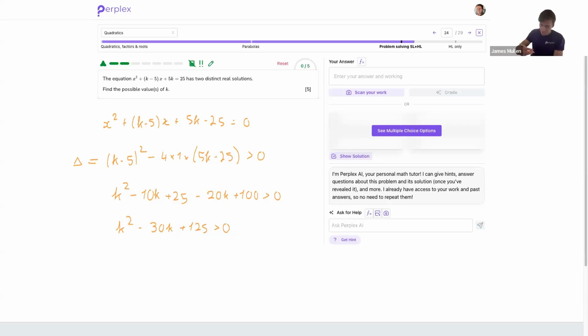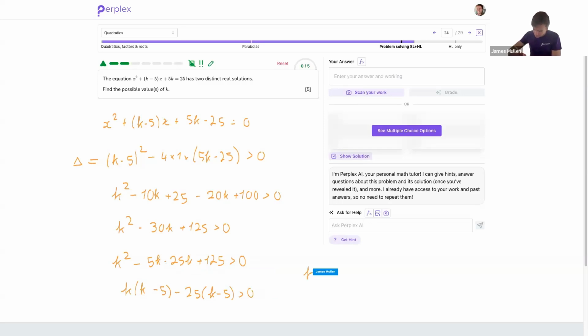Now, you can factor this by inspection by noticing that 125 is 25 times 5. This is k squared minus 5k minus 25k plus 125 greater than 0. Which means that k times (k minus 5) minus 25 times (k minus 5) greater than 0.